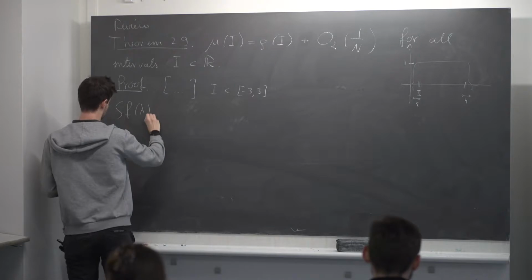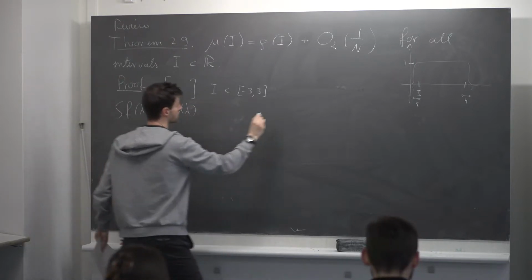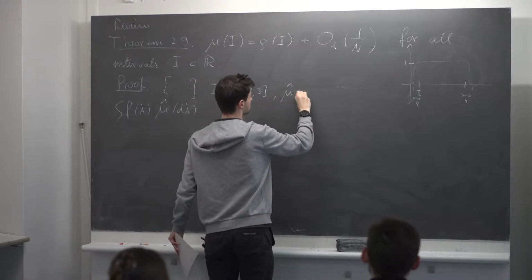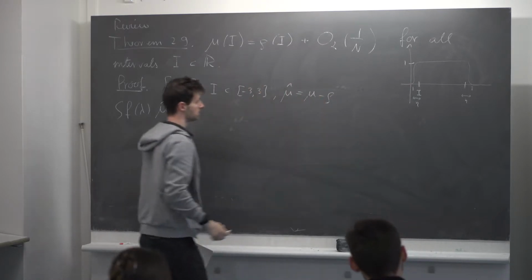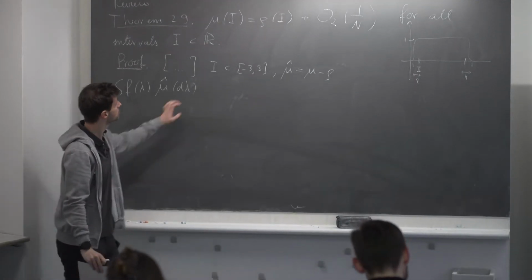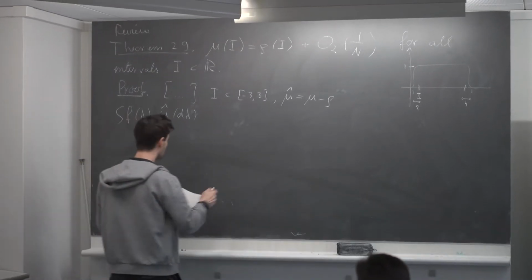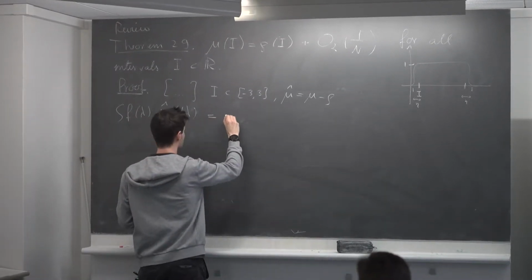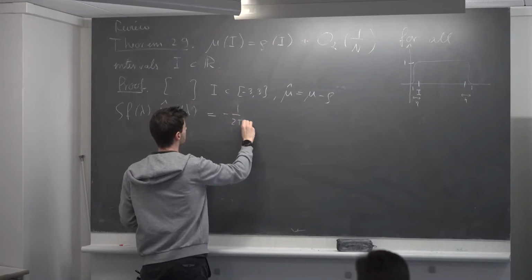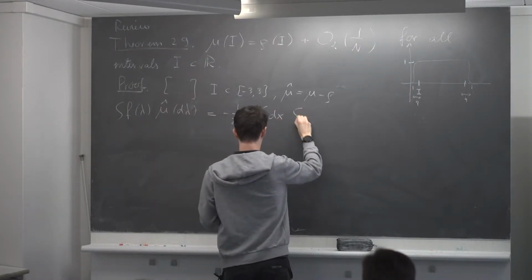Let me recall the formula we arrived at last time. So mu hat was equal to mu minus rho. So this is a real signed measure that we have to control, obviously. That's the measure we are trying to control. And we found, using the Helfer-Sjöstrand formula, the following formula.